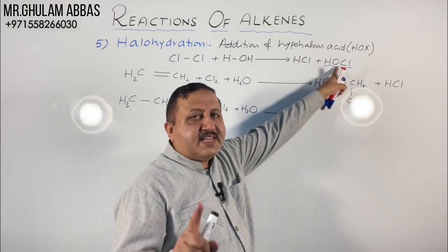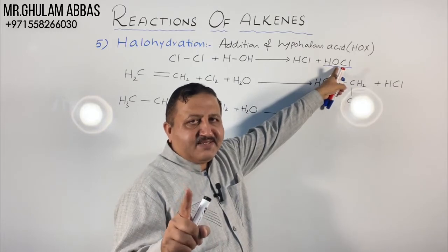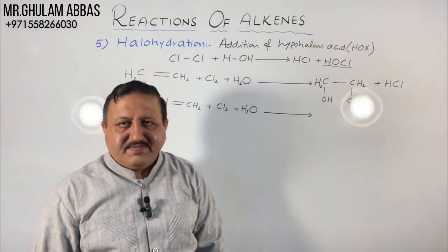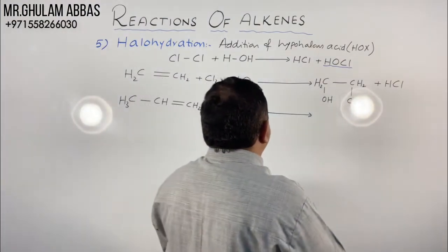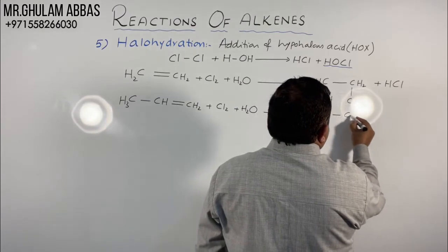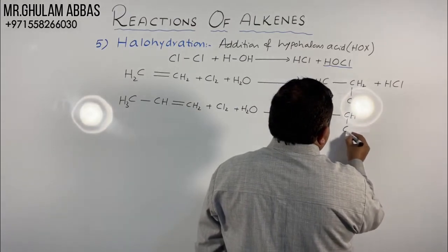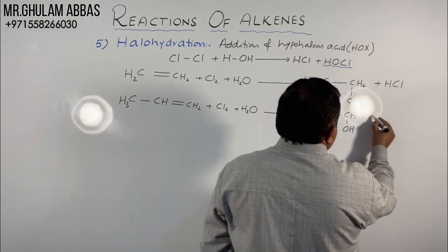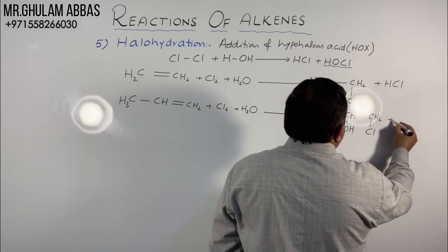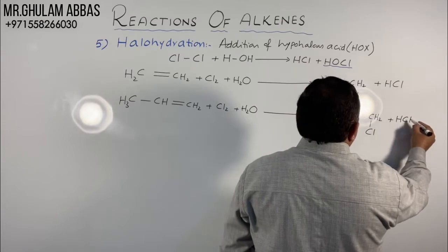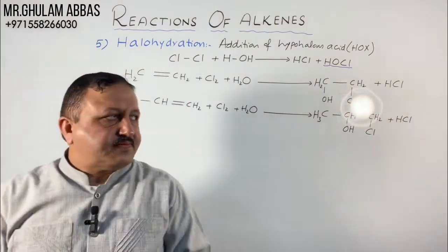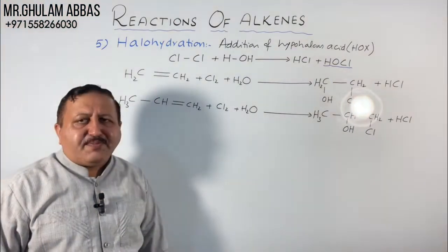So OH is considered as negative part and Cl will be positive part. In this reaction, CH3 single bond CH OH single bond CH2 Cl, side product will be HCl. This is the final product.